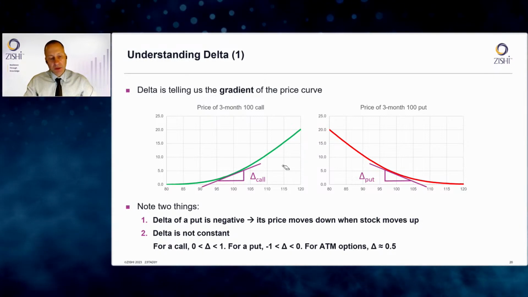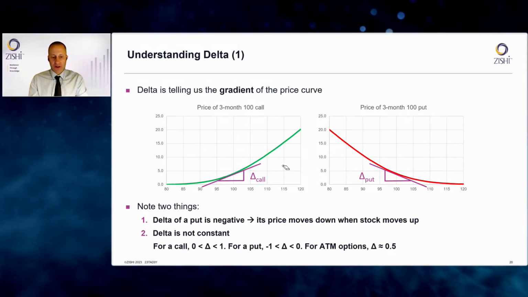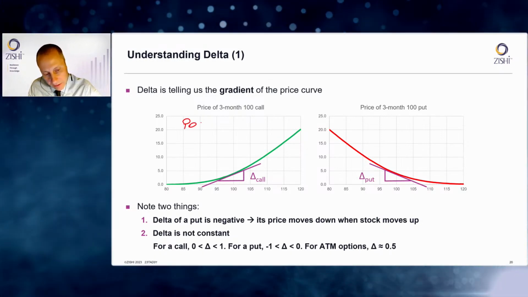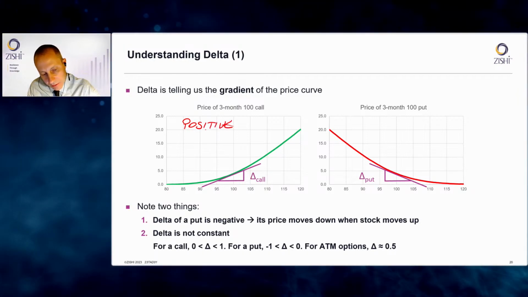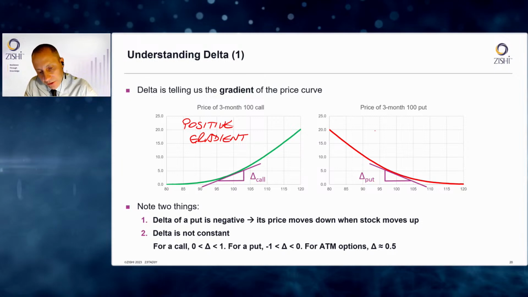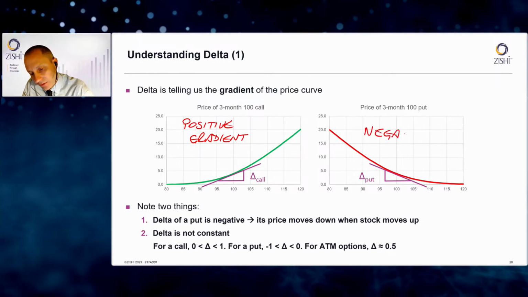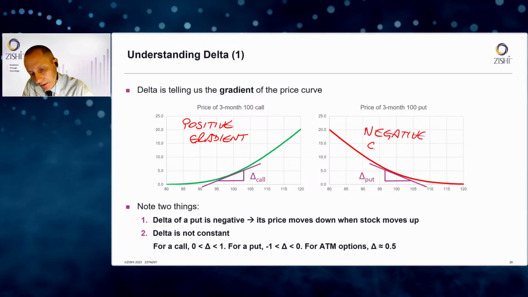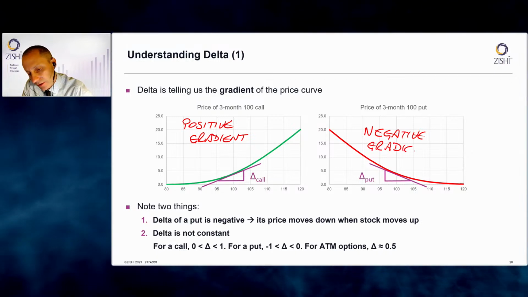And so because a call price goes up with the stock, it has a positive gradient, and therefore its delta is also positive. And a put has a negative gradient, and therefore a negative delta.